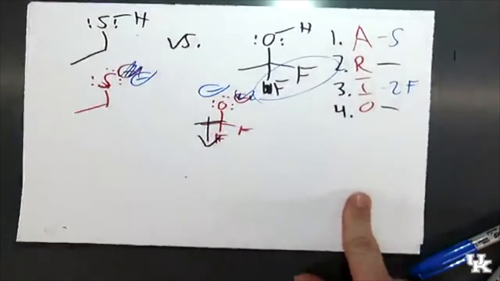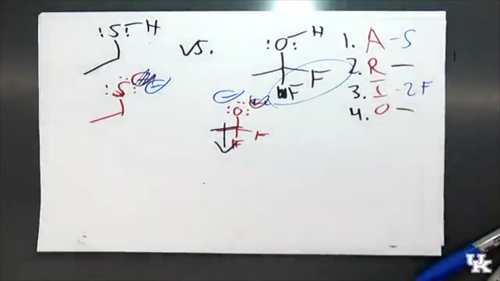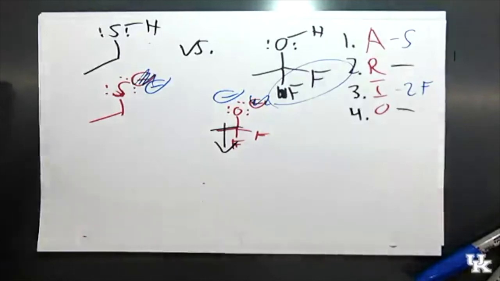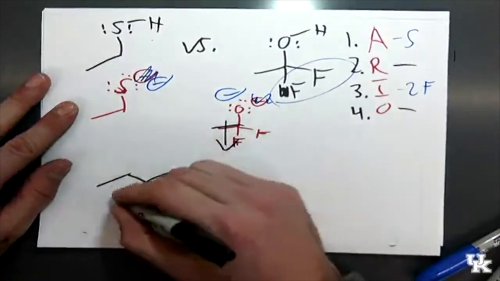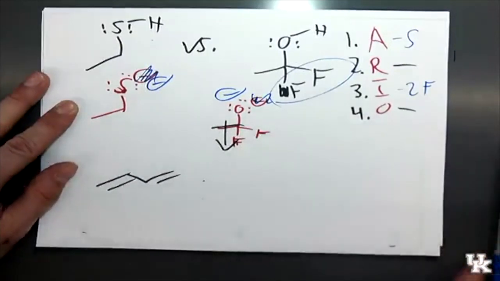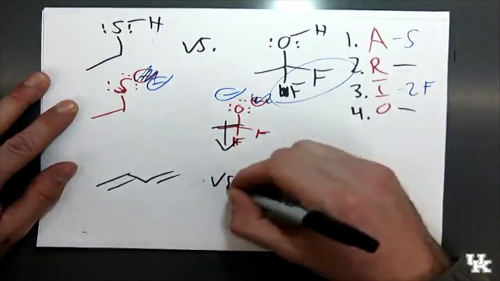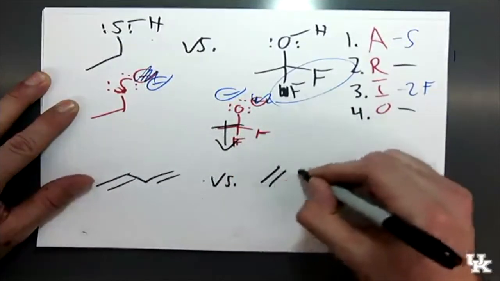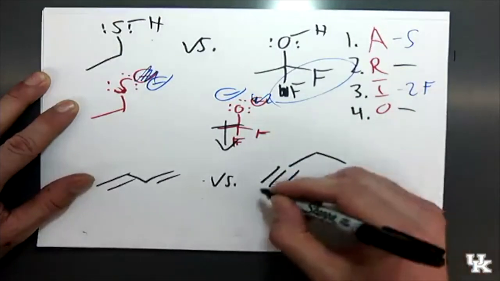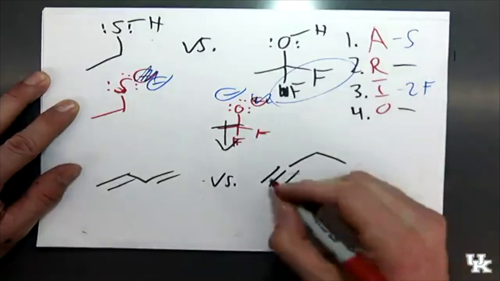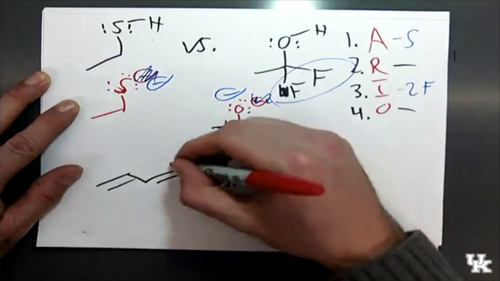All right, so let's do one more just to be sure that we're all on the same page. Okay, what about this example? Let's say that we have butadiene versus butyne. And we're going to be looking at this proton on each.